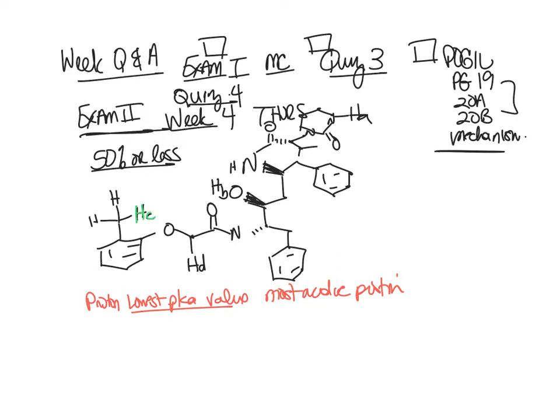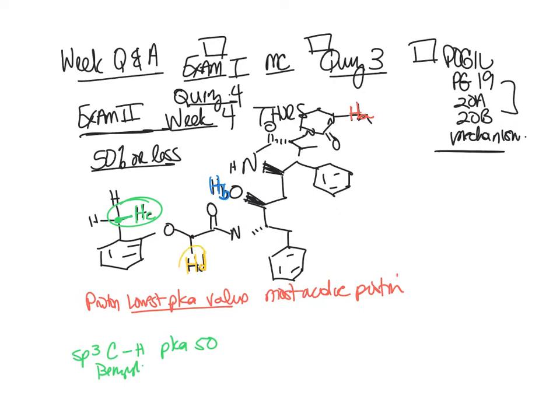So here's HC, here's HD, here's HB, and here's HA. Now, HC is on an sp3 carbon, but it's also benzylic. But those sp3 carbons typically have pKa's around 50. Okay, so that's a pretty high pKa.